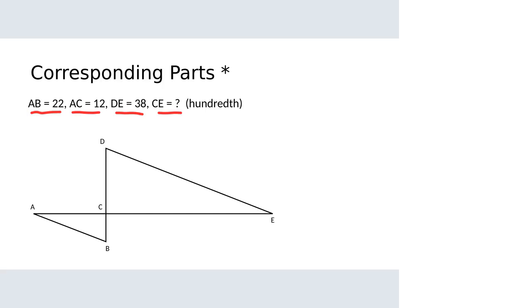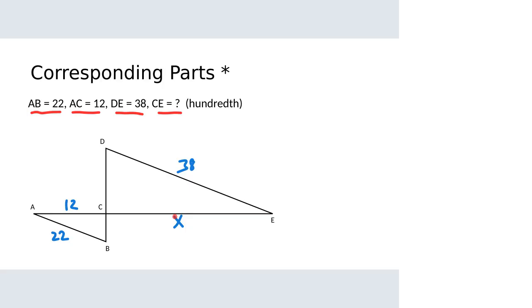So what we were told is that AB has a length of 22, AC has a length of 12, DE has a length of 38, and you're asked for the length of CE.